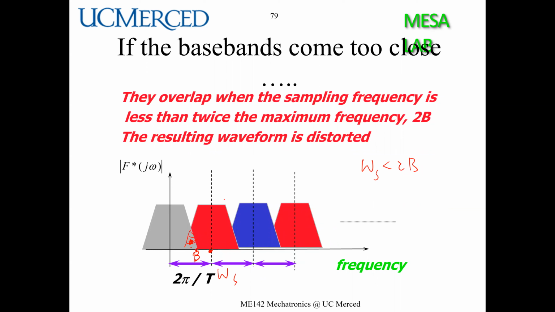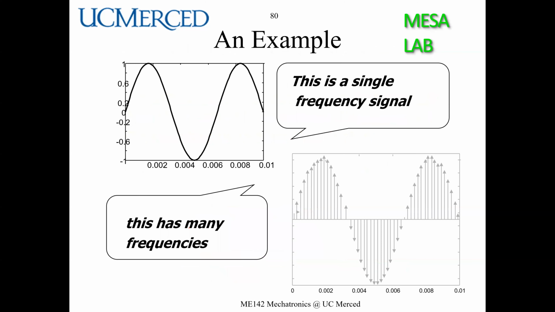Whenever you have overlapping, that means you have an area of ambiguity. You have overlapping. That means you cannot go back anymore. Why? Okay, I'm going to show you in the next slide.